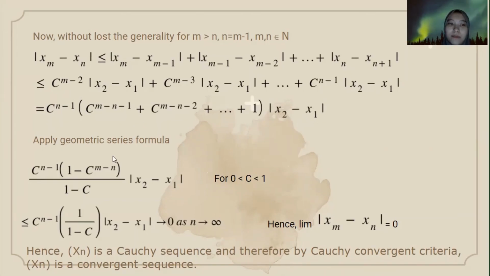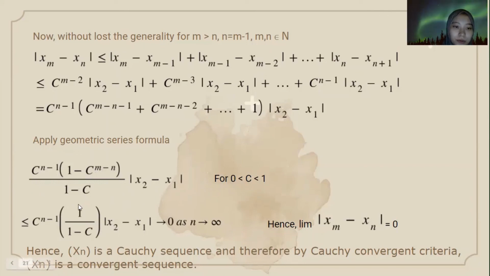If we apply the geometric series formula, which is a(1 - r^n)/(1 - r), where a is over here, we can get c to the power of n-1, and r is c to the power of m-n. So we can write the geometric series like this for c between 0 and 1.